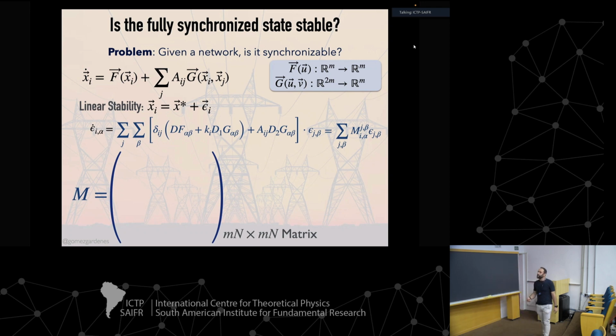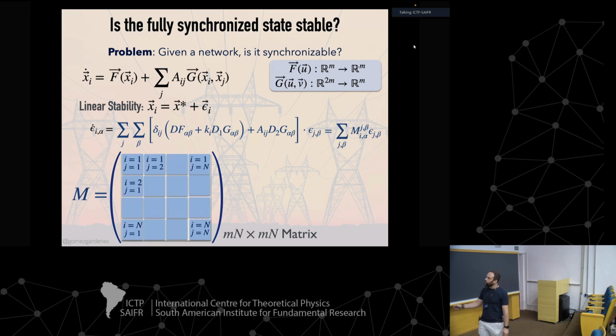For instance, we can put the boxes. And now what we can do, you have 1 to n square boxes and 1 to n square boxes, okay? And each of these boxes can be labeled by the index of the node, i j: 1 1, 1 2. So this is the influence of node 1 with respect to itself.